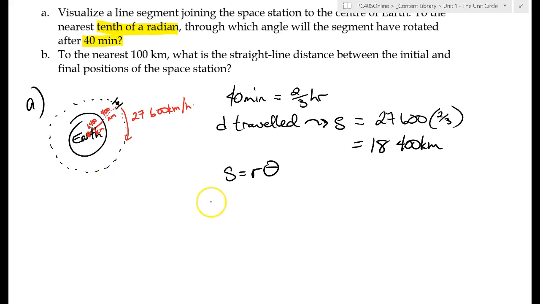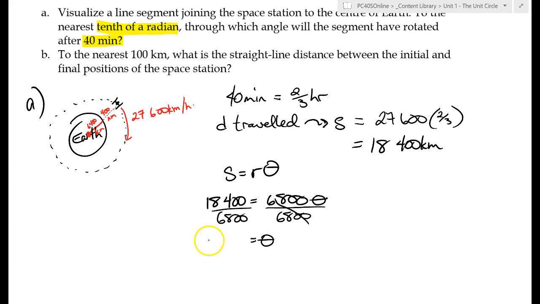I'm going to use that to fill in 18,400 equals r, which is going to be 6,800, theta. And again, theta is in radians. All I need to do is divide by 6,800 on both sides. And that's going to give me theta. When I punch that into my calculator, that gives me 2.7 radians. So that would be my answer to A.